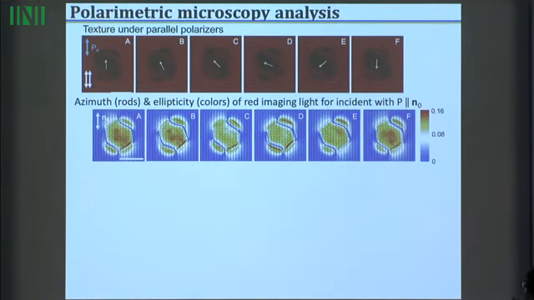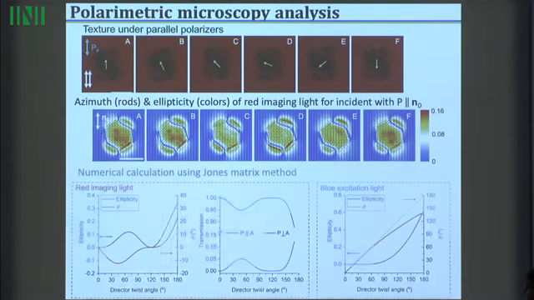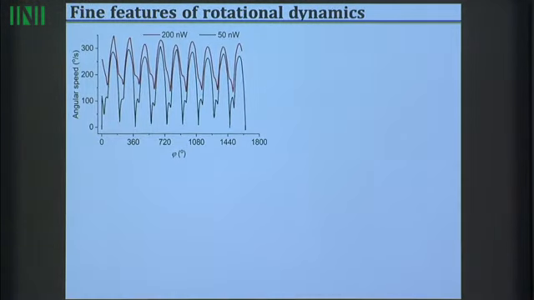Ellipticity is plotted here with the colors of the polarization ellipse as light passes through, and that gives us insights into what happens with the interaction of light with the system. We can model it using the Jones matrix method, and this polarimetric characterization is consistent with the modeling as well.